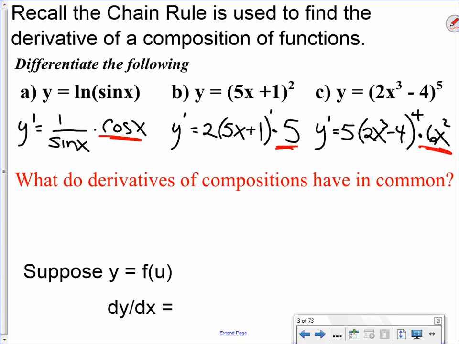If I want to take the antiderivative of this, I'm going to get this. But to do it, I need this there. If I want to take the antiderivative of 2x cubed minus 4 to the 4th, I need this here. I'm not going to be able to do it. I need the derivative of the inside sitting next to it so I can work it backwards.